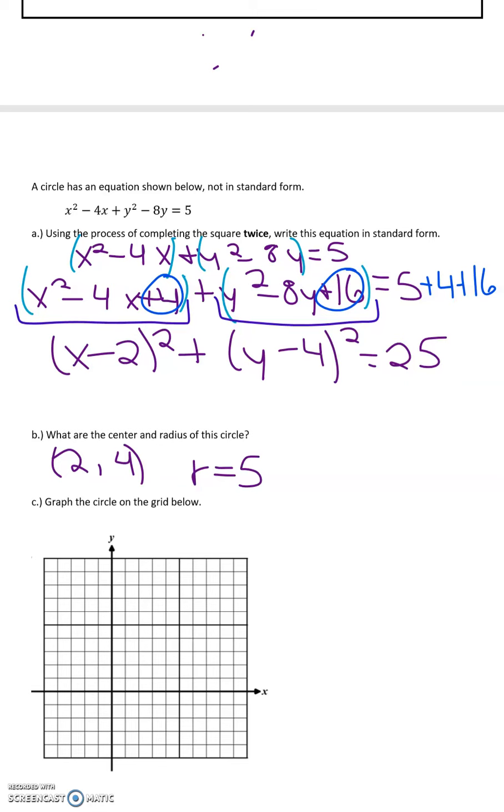Then it asks us to graph it, so again, we're going to plot our center, over 2 and up 4, and then our radius is 5, so we count to the right 5 spaces, up 5 spaces, left 5 spaces, and then down 5 spaces.